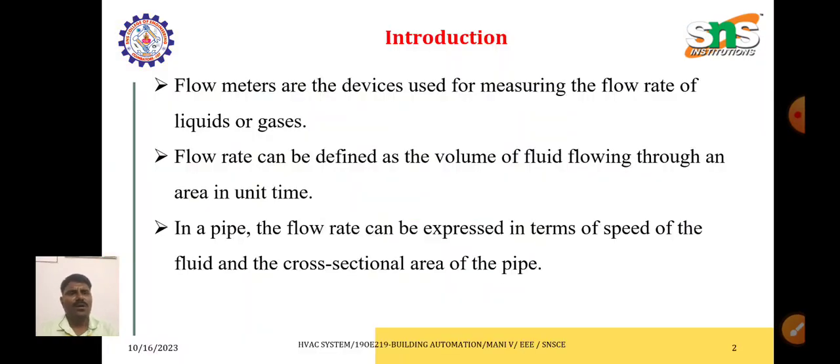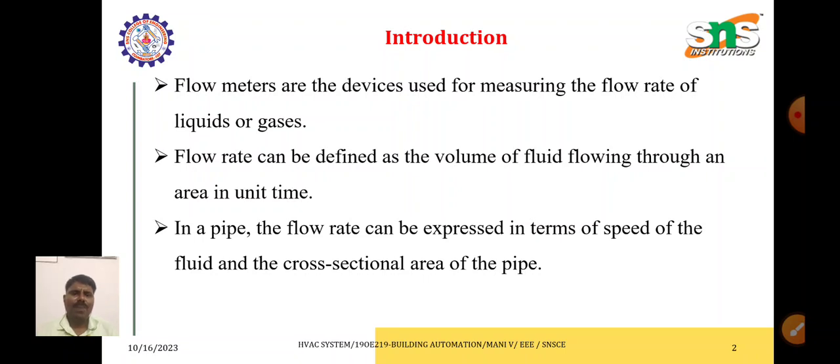Flow sensors or flow meters are devices used to measure the flow rate of a fluid or gas. The flow rate can be defined as the volume of fluid flowing through an area in unit time.